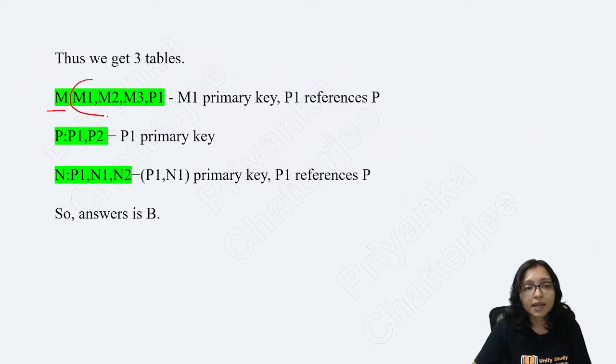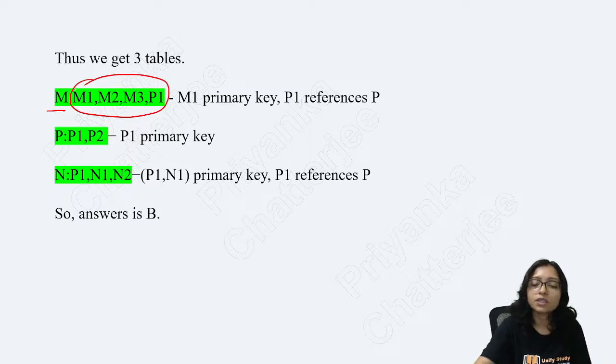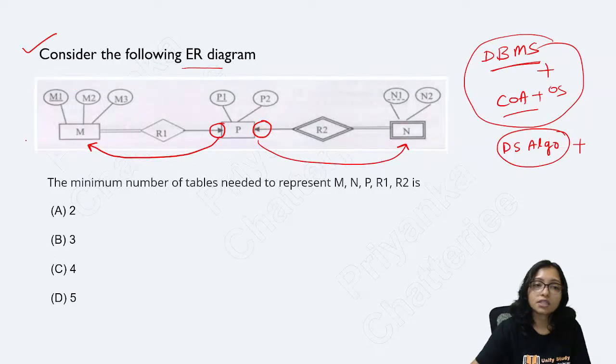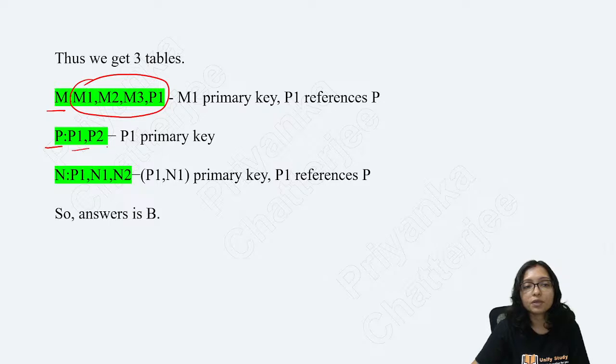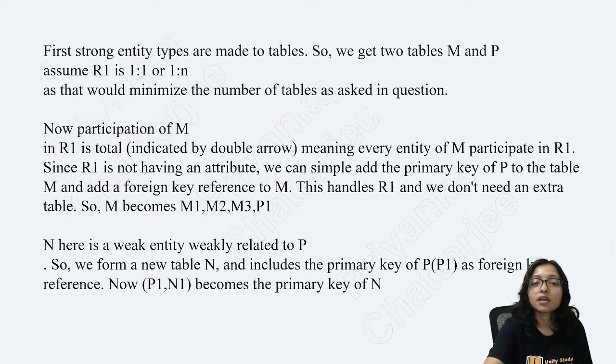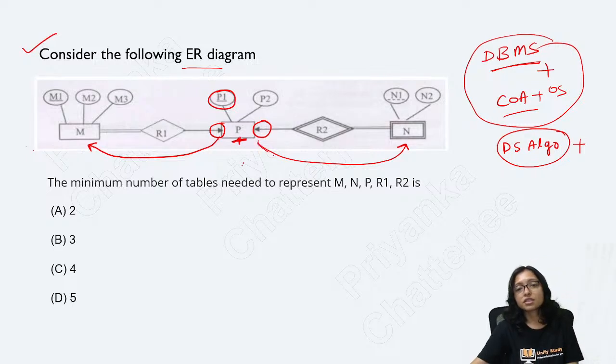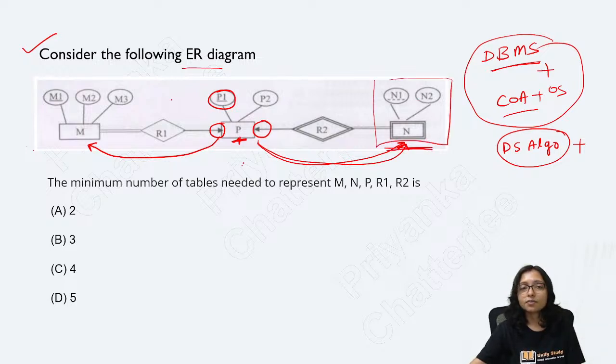You have to combine M1, M2 with M3 with P1, because in this M table this P1 will be added, and the P table is P1, P2 separate. In the N table you can take the P1, because of this key constraint here in the N table. So the N table will be like this. Okay, yes, so that's why it will be your answer, right?